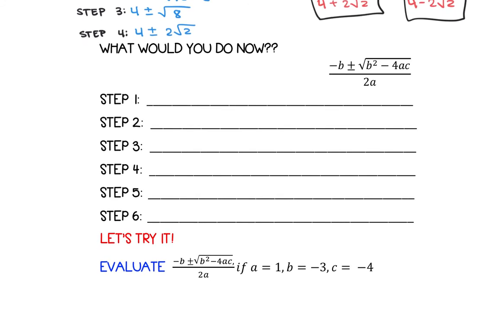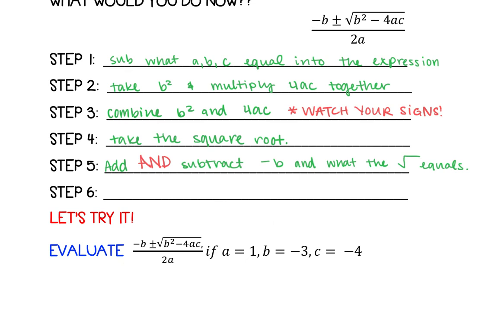Again, adding another step, adding more to our expression. So go ahead, pause the video, copy down step 1 through 5, and then we'll go through step 6 together. Alright, so at this time you should have paused the video and written down steps 1 through 5. Now we're going to go ahead and talk about step 6.